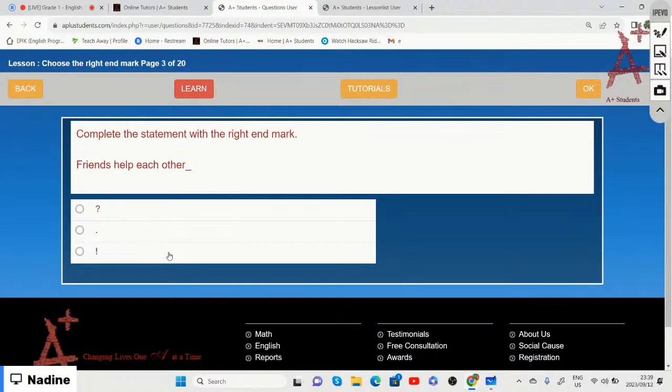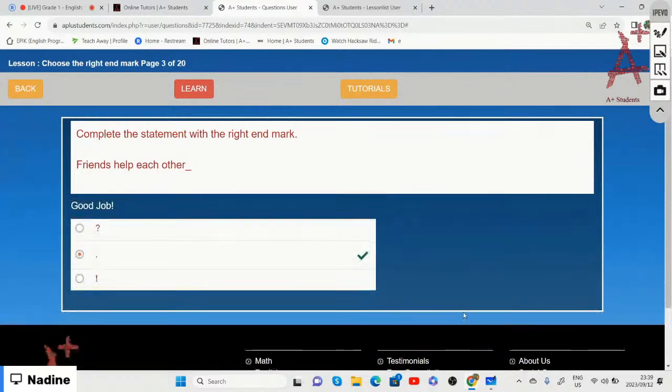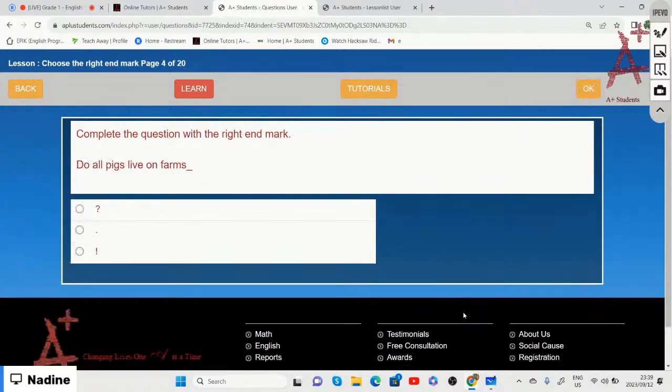All right, if we choose the correct end mark, we see that a statement is just you telling someone about something, and it just ends with a period. That is a statement. It ends with a period. All right.